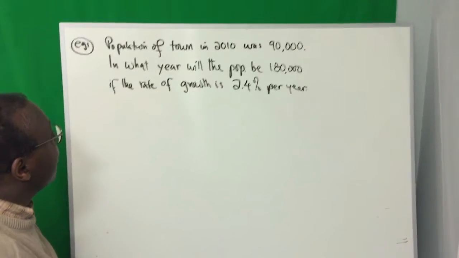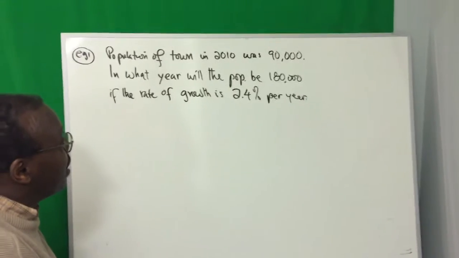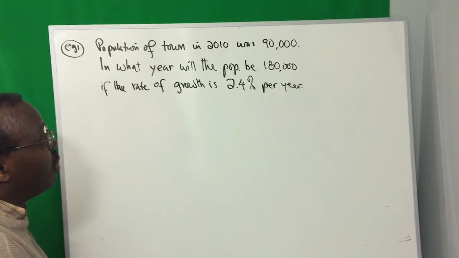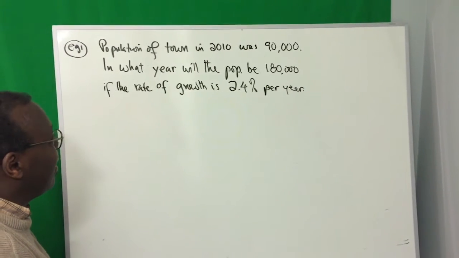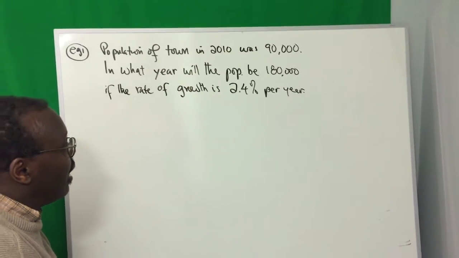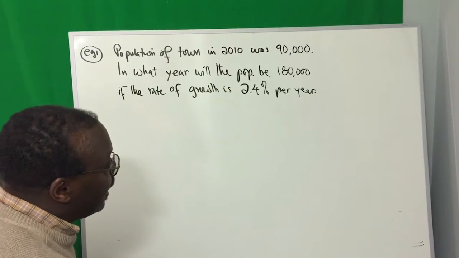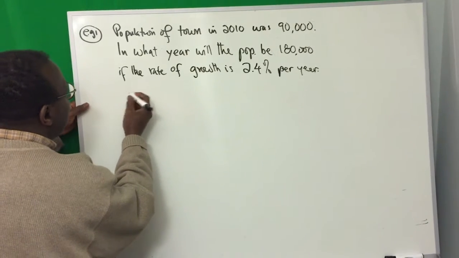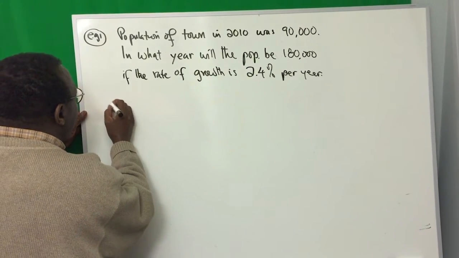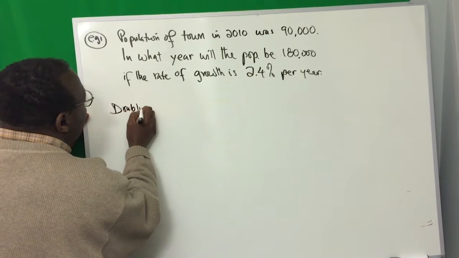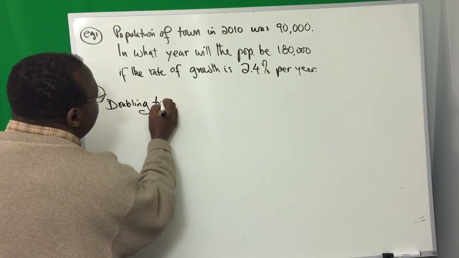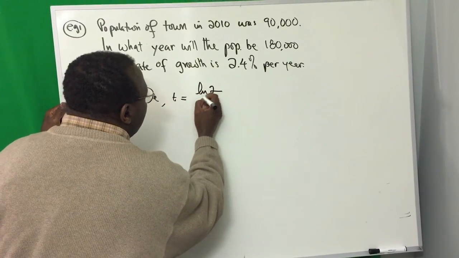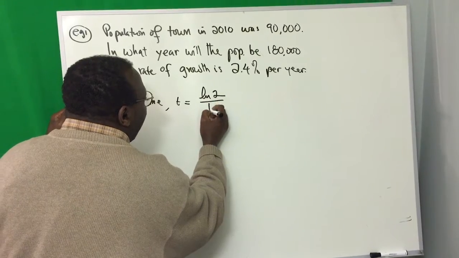This is about the population of a town. In the year 2010 it was 90,000 people. The question is, in what year would the population be 180,000 if the rate of growth is 2.4% per year? So back to the doubling time, we say that t is ln 2 over k.